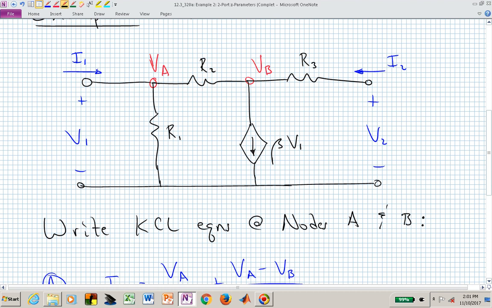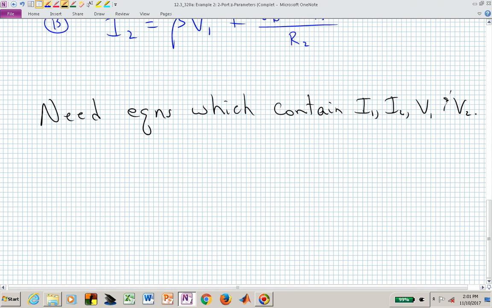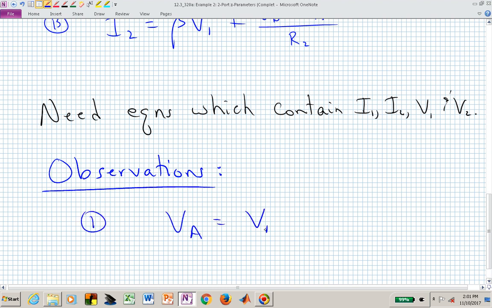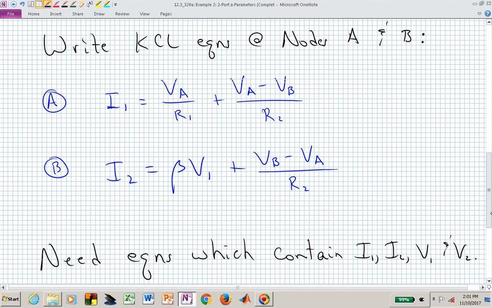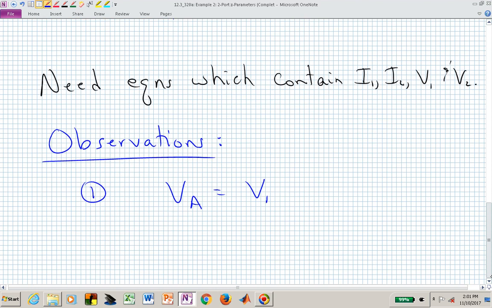We need to eliminate V sub A and V sub B. You can see on the left that V sub 1 is in fact V sub A. Here are some observations to help us find the two equations we need containing the four variables we want. First, V sub A is equal to V sub 1, so we can eliminate V sub A from these two equations. We simply replace V sub A everywhere with V sub 1.